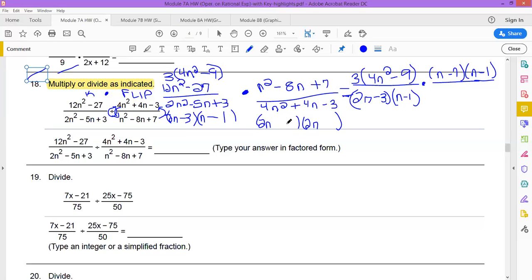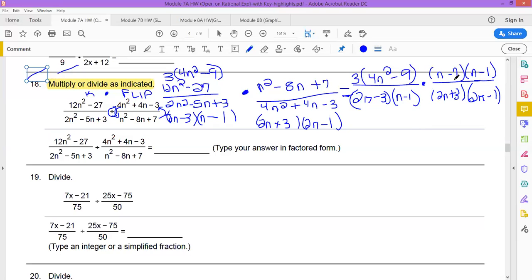So we make sure when we do our factors that we have the correct order. We've got 2n plus 3 and 2n minus 1. 2n plus 3 and 2n minus 1 would be how we would factor the denominator.